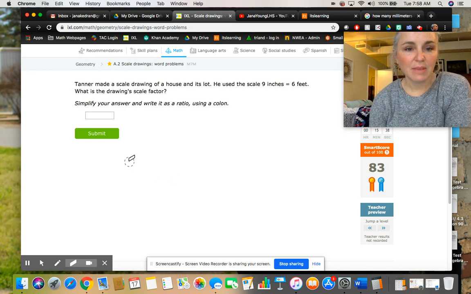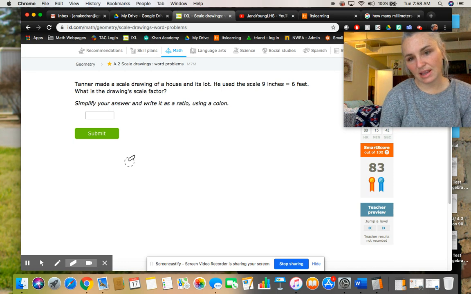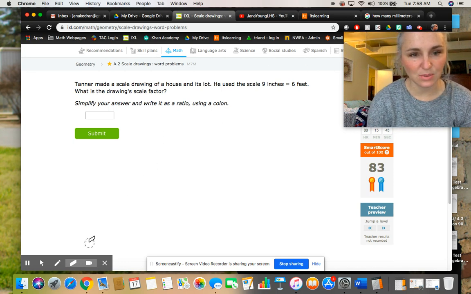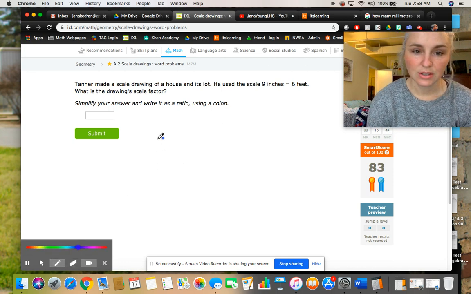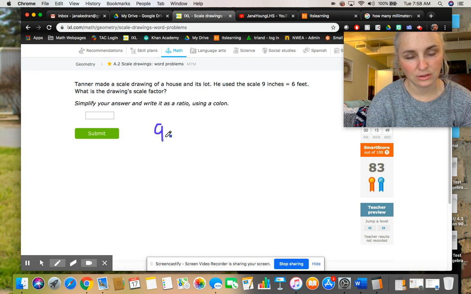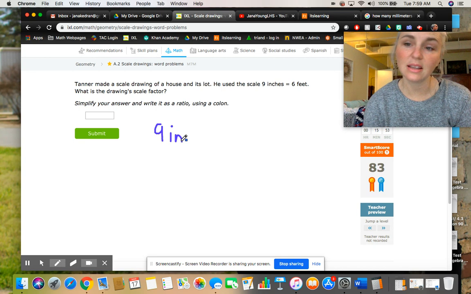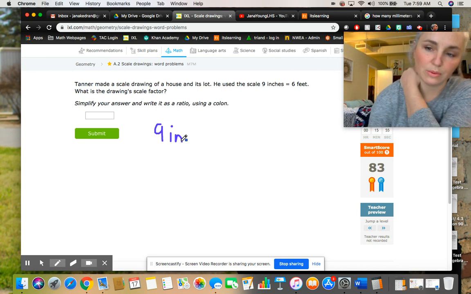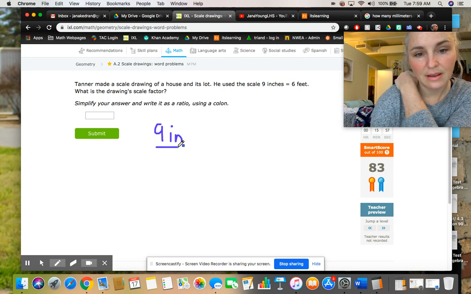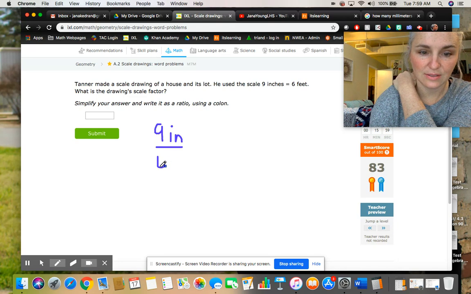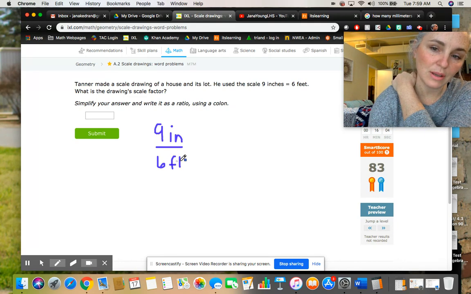Tanner made a scale drawing of a house and its lot. He used a scale of 9 inches to 6 feet. What's the scale factor? I have 9 inches, and I have to stay in this order. I can't change the order or it'll be wrong. I want to decide on the unit of measurement that's bigger.